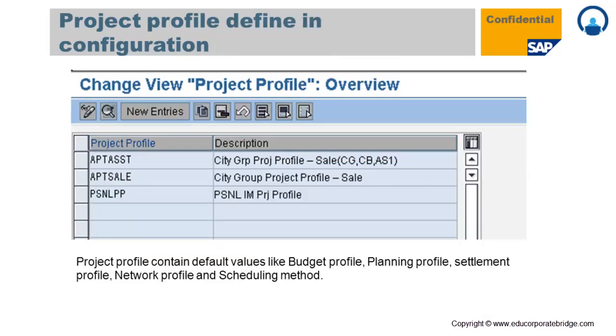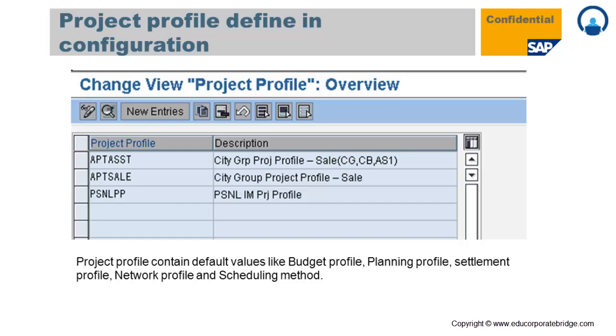The second important thing to define is the project profile. Again, this is a configuration part. You need to configure the appropriate project profile. Basically, the project profile holds the default values where you can store your budget profile, which defines how budgeting happens in a project, and the planning profile, which defines how you want to plan on that particular project, like year-wise planning or month-wise planning, which is cost element based planning.